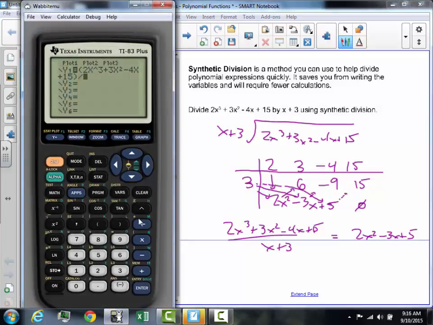And I'll divide it all by bracket x plus 3. And then right afterwards, it should be the exact same as, rather than being a fraction, it should actually have divided evenly. And the thing it should have divided to should be my 2x squared minus 3x plus 5. And I'll just make this one become bolded.